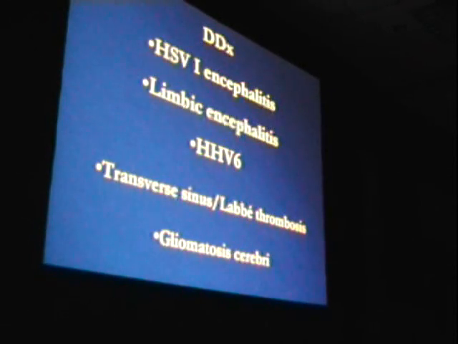A limbic encephalitis, which is apparently frequently seen with breast cancer, can have a very similar appearance and is not classically associated with either enhancement or hemorrhage. If you see something unilateral, consider things like a transverse sinus infarction or a labbe cortical vein thrombosis, or rarely gliomatosis cerebri have been reported to give a similar appearance, again in a unilateral distribution.